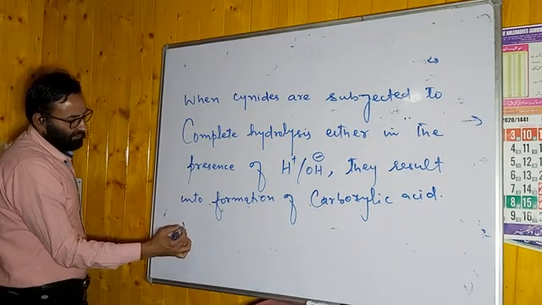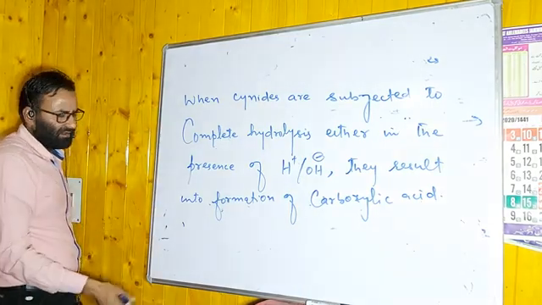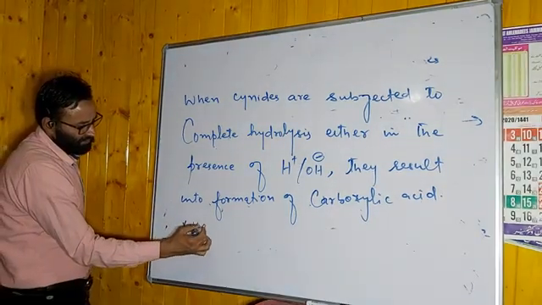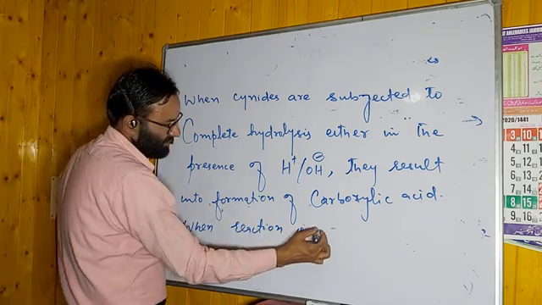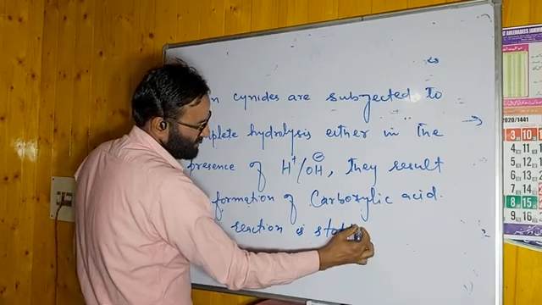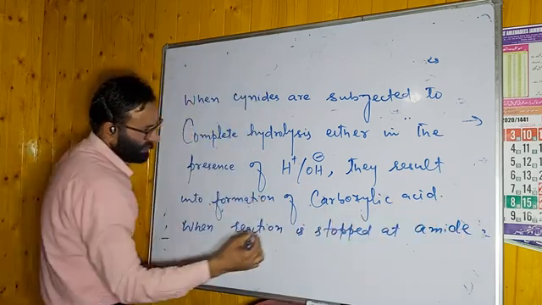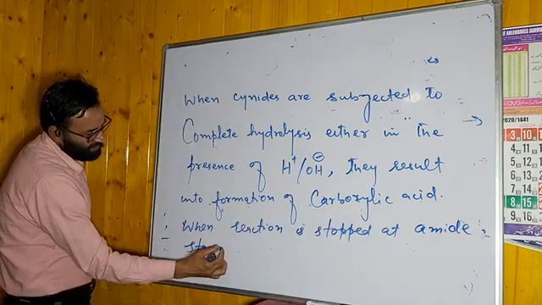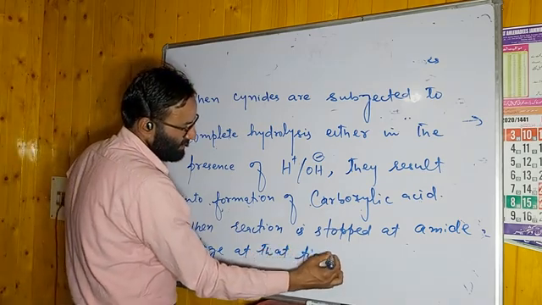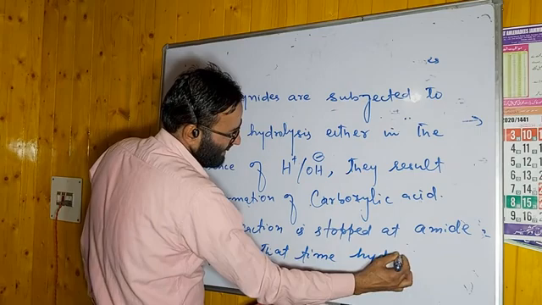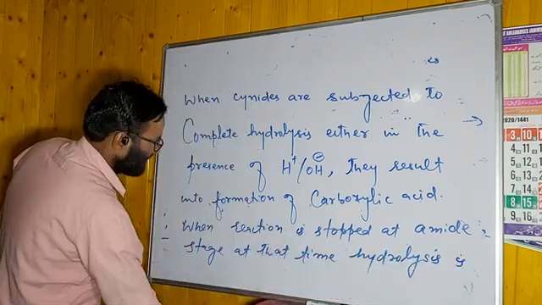If the reaction, when you get the acetamide, when you stop the reaction at the amide stage, at that time it will be partial hydrolysis. When the reaction is stopped at the amide stage, जो mechanism मैंने आपको बोला है, at that time hydrolysis is partial hydrolysis. उस वक्त hydrolysis को क्या कहते हैं?